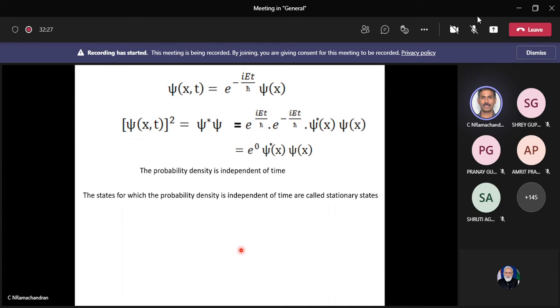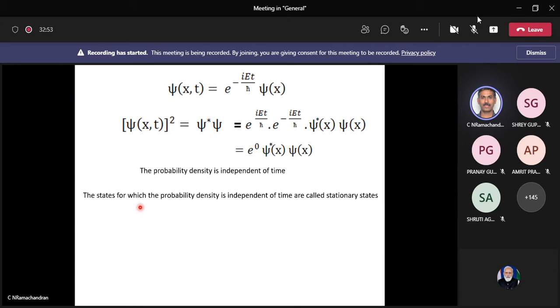You may think like that, but this statement, read it very carefully. The states for which the probability density is independent of time are called stationary states. What are stationary states? One should know that, because its probability density will be independent of time. Such states are called stationary states.